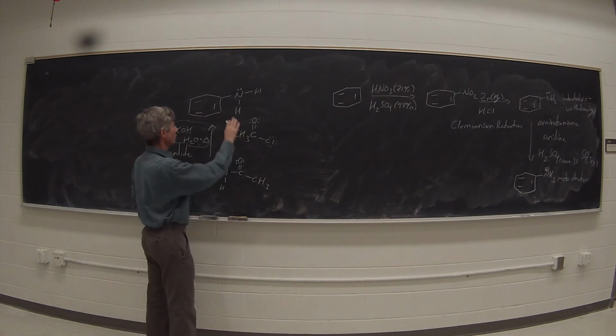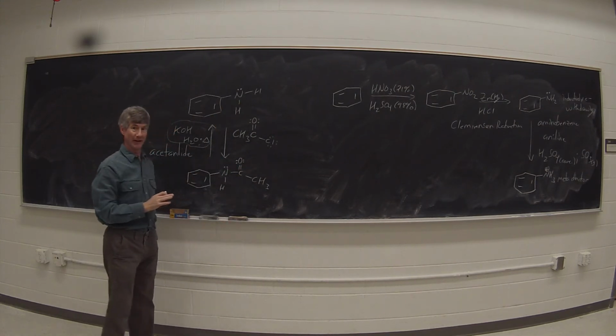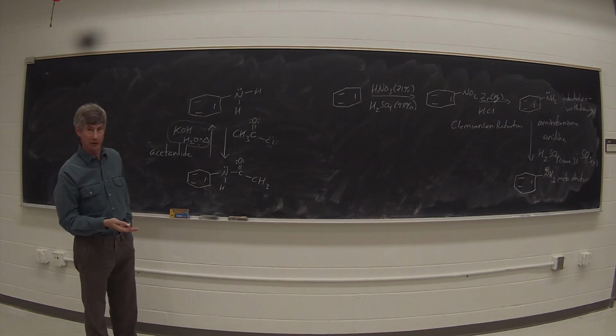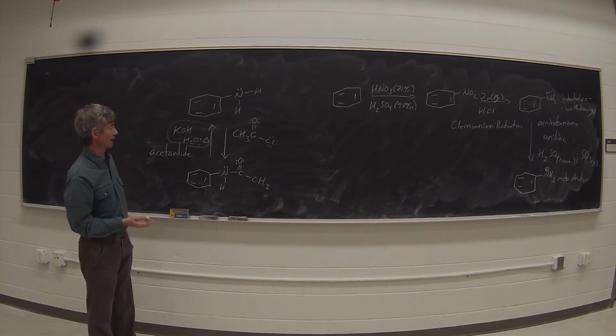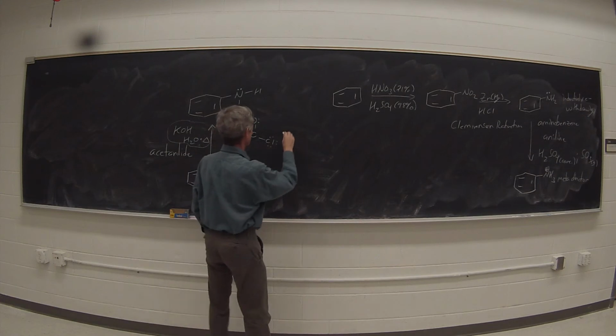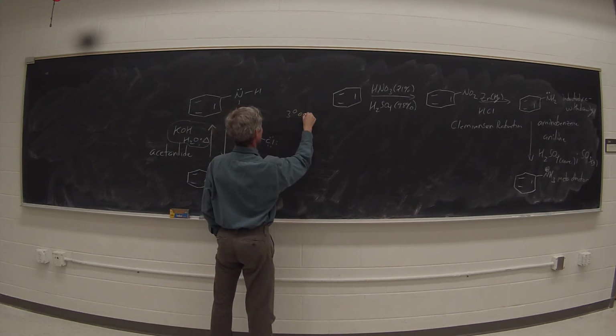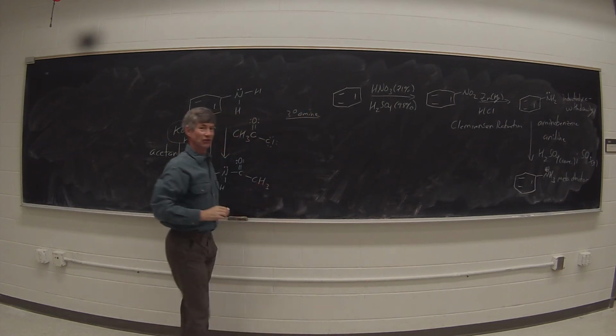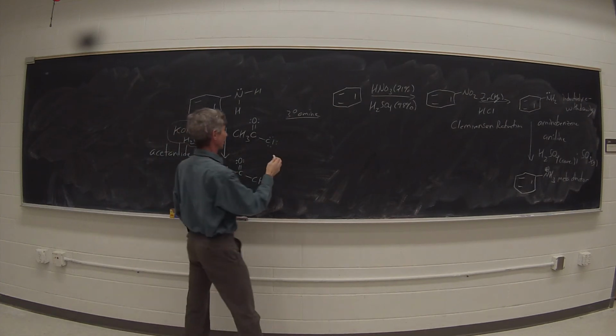It could be quenched with another equivalent of aniline, but if your amine is expensive, if you're working with a more expensive aromatic, you usually don't want that. So generally, you put in a tertiary amine as a sink to react with the excess HCl.